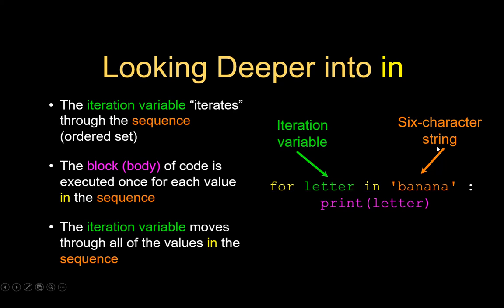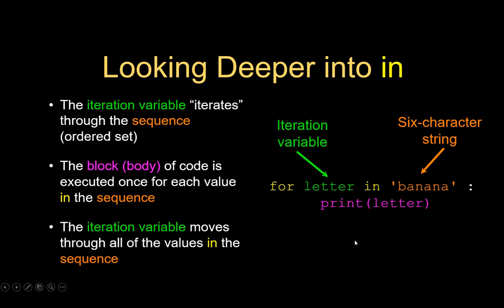We have a 6 character string, which is going to be our sequence. Basically, we're just going to go through this for 6 times. The for block will be the indentation after the for, we can put a bunch of commands here that will run by each iteration of the for loop.